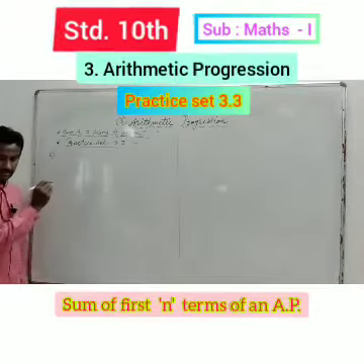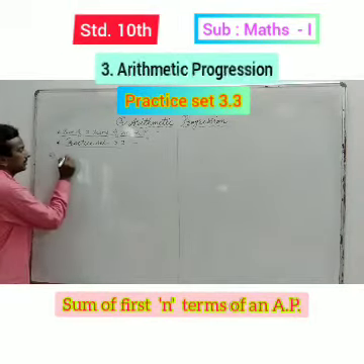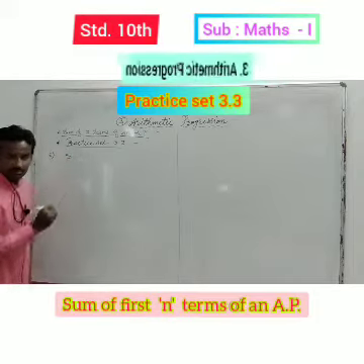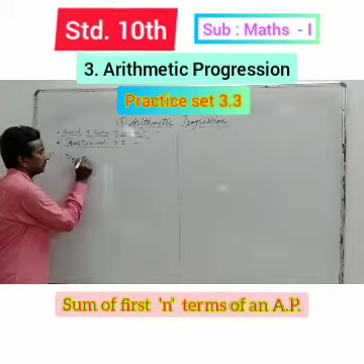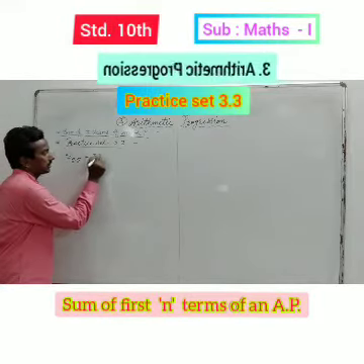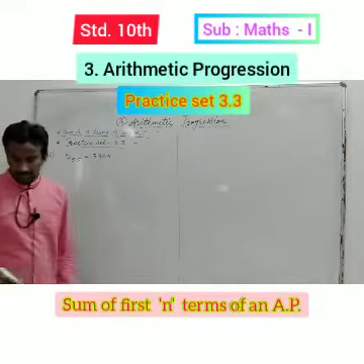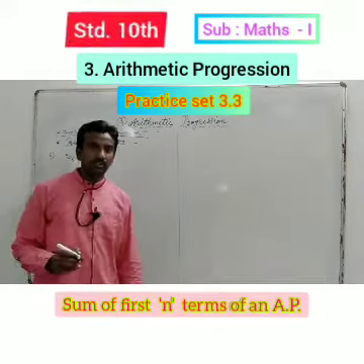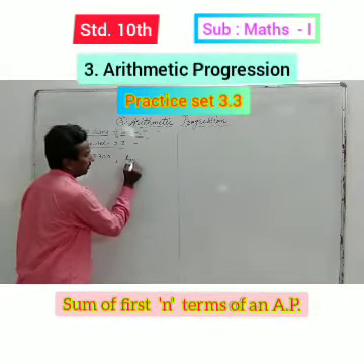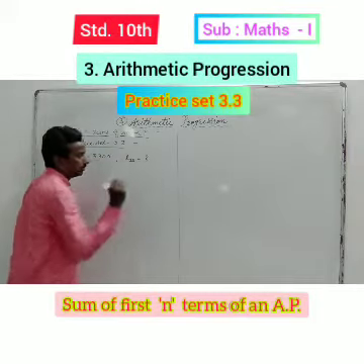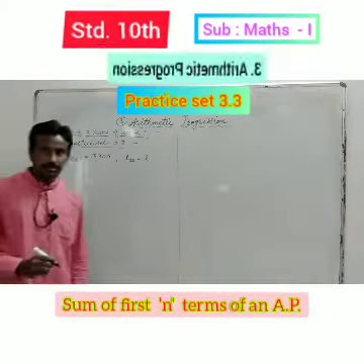Question number 6. Sum of first 55 terms, yes, 55 is given. It is 3300. We have to find out 28th term, means T28 equal to how much? What is the value of T28?